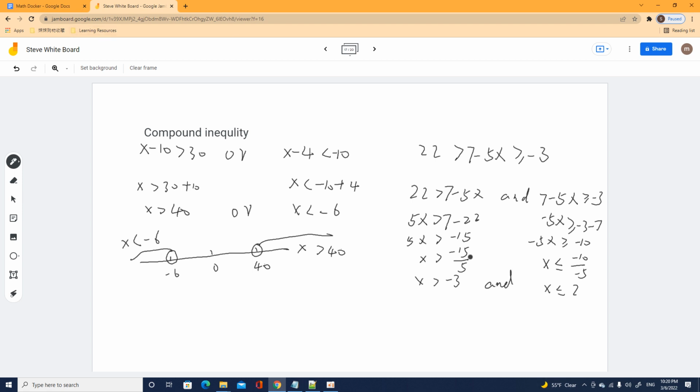So this is the final result. You see the result says x greater than -3 and x smaller or equal to 2. So we express this result on the number line.